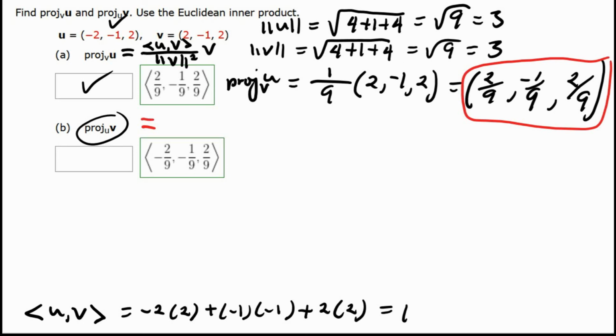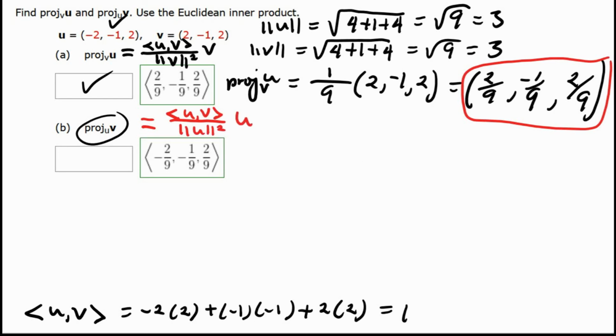Now the projection of v onto u. This is the inner product of u and v. Commutativity: u, v and v, u is the same thing. This is divided by the norm of u squared times u.